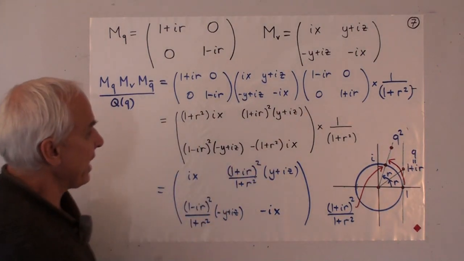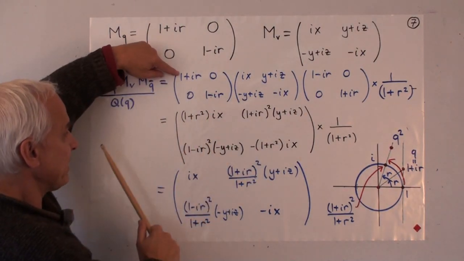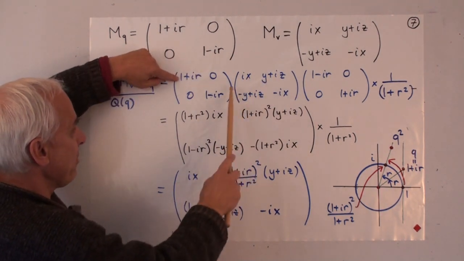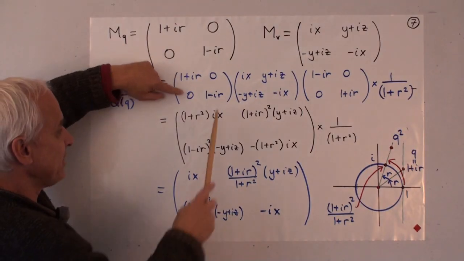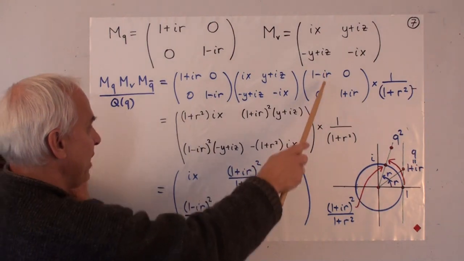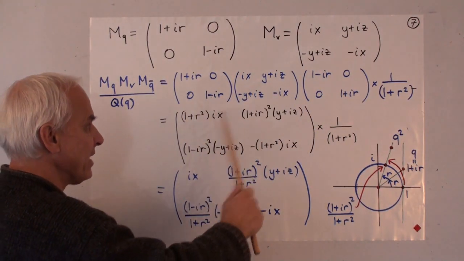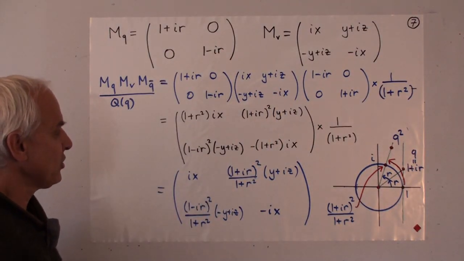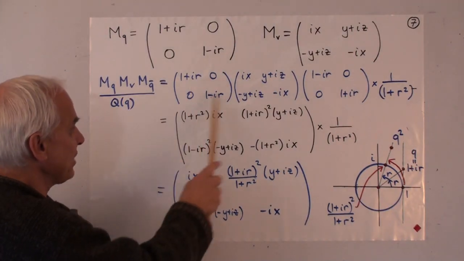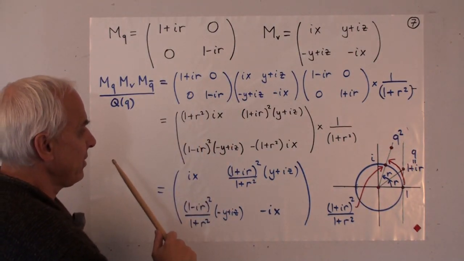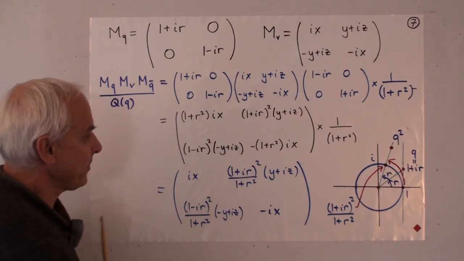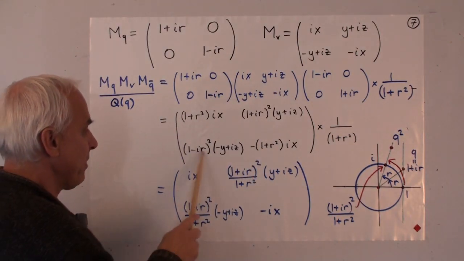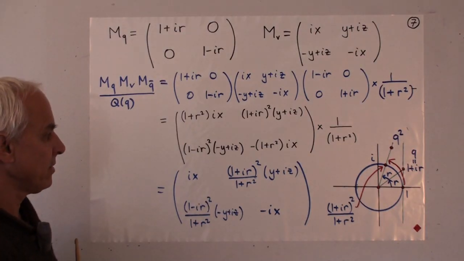Doing this matrix multiplication is pretty easy because when we multiply by that diagonal matrix, we're multiplying the first row here by 1 plus IR, second row by this thing, and then here we're multiplying the first column by 1 minus IR, and then the second column by 1 plus IR. So the cumulative effect is to multiply the first entry here by 1 plus R squared, actually here and here, and to multiply this entry by 1 plus IR squared, and this one by 1 minus IR squared.